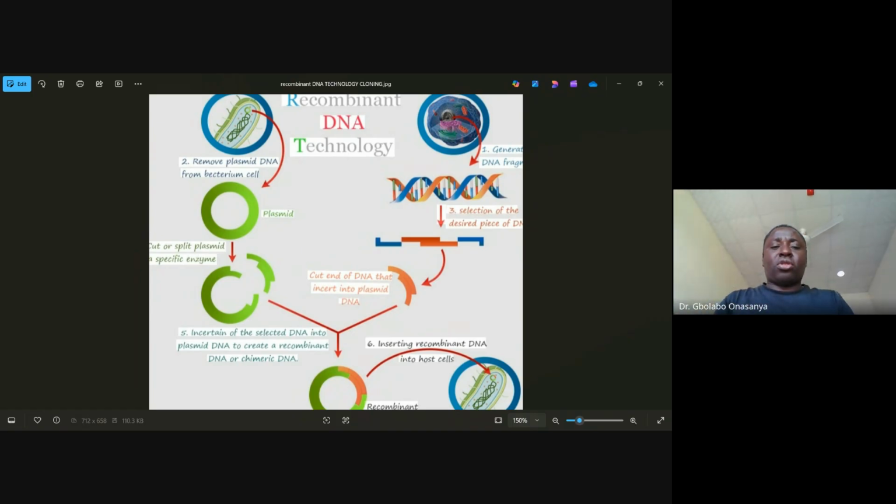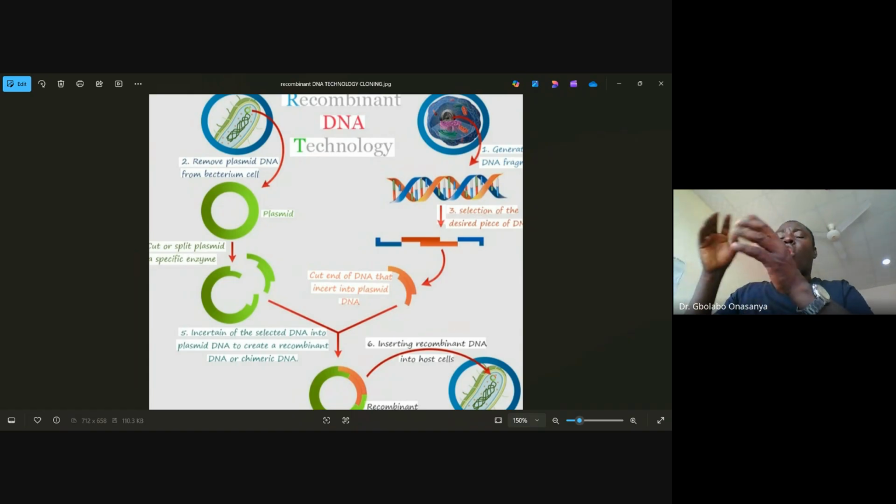The electrical impulse created by the electroporator will make the cell membrane of the bacteria widen. The holes on the cell membrane will be open. And through osmotic pressure, and in biology, osmosis is movement from a region of higher concentration to that of lower concentration.